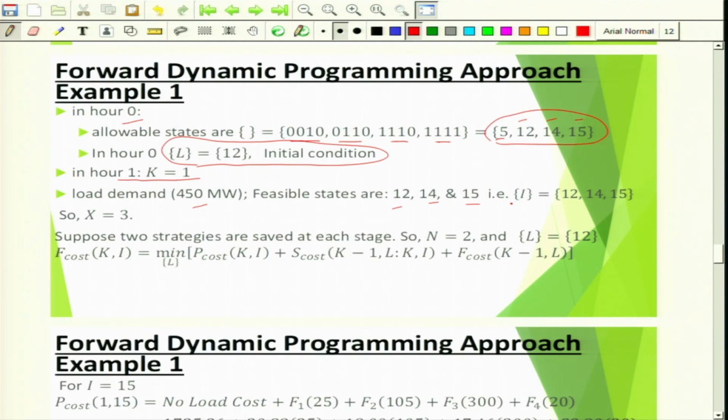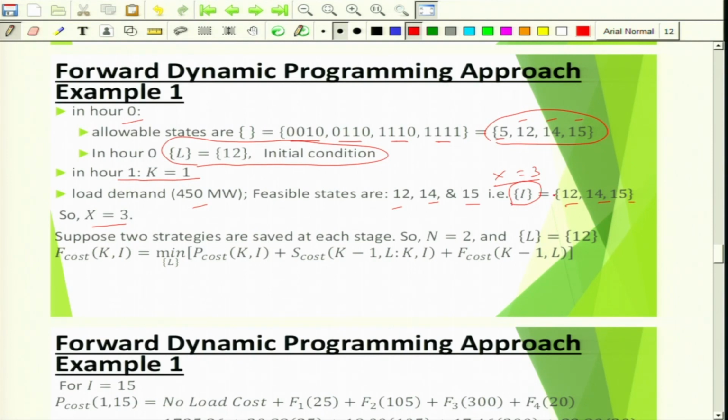Now you freeze the possible combinations. These are the feasible states, 12, 14, 15. That means your x is equal to 3 here, right? Suppose 2 strategies are saved at each stage. That means among these 3 feasible states, you are just shortlisting 2 of them, the topmost economical states that you are freezing.